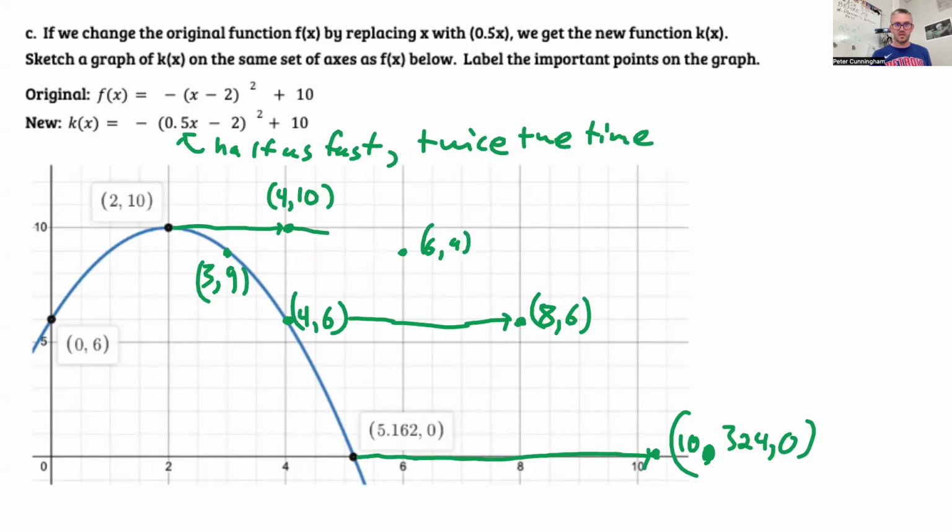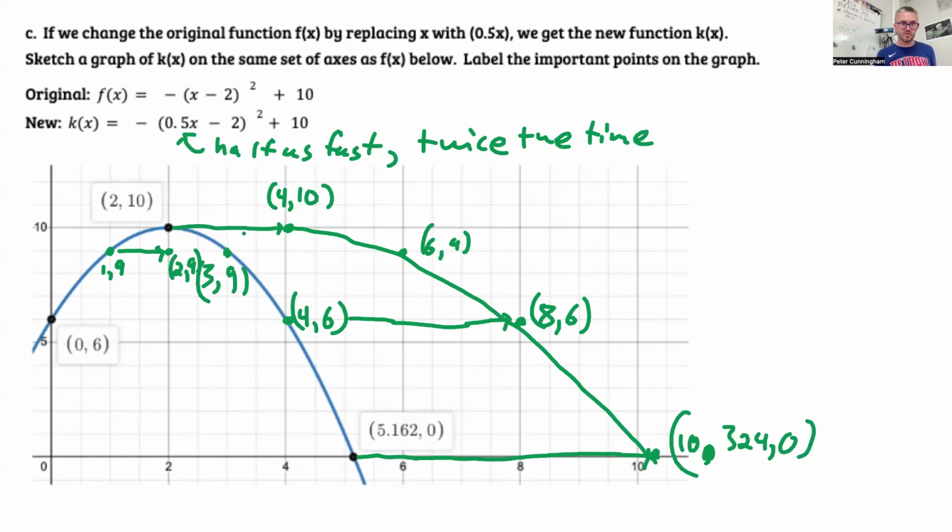So now we can look at our parabola and we can see the same thing is happening. It's just taking twice as long to happen. That's the second half of the parabola. The corresponding points on the other end, just like right here, how you have 1, 9, well, double it, you're going to be at 2, 9.